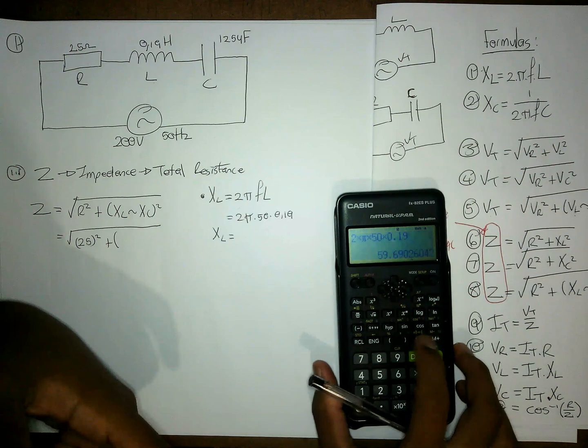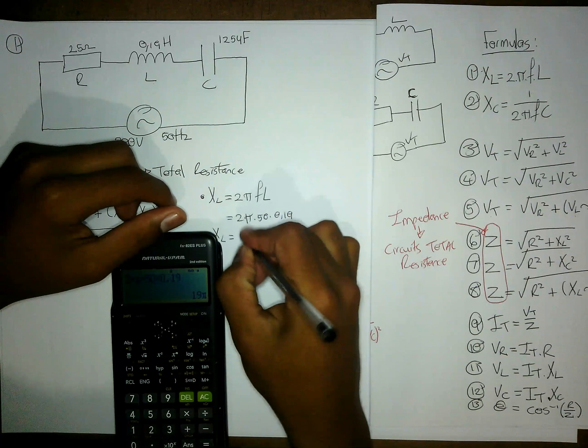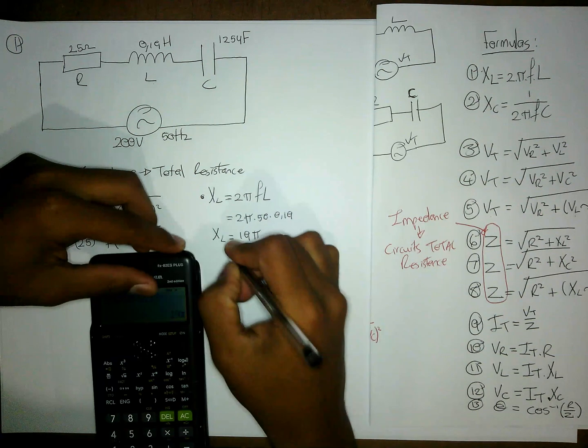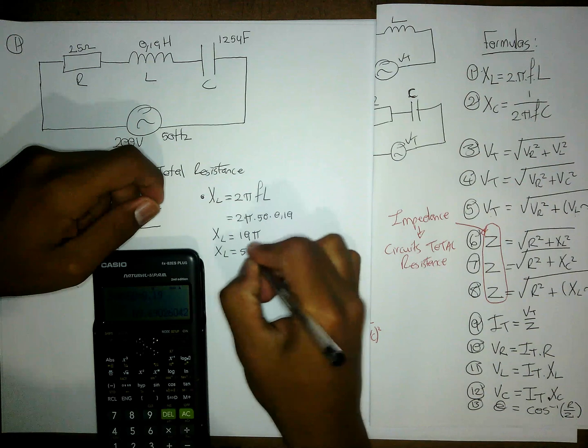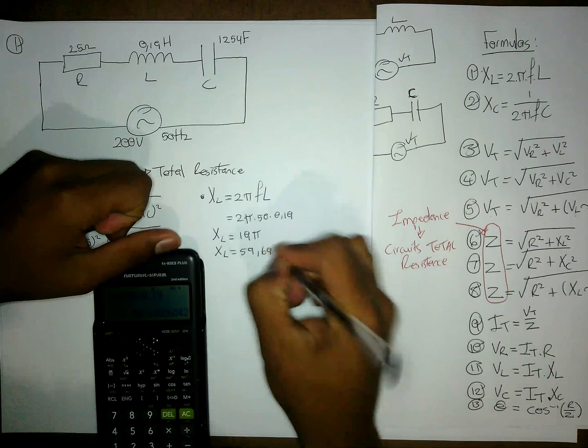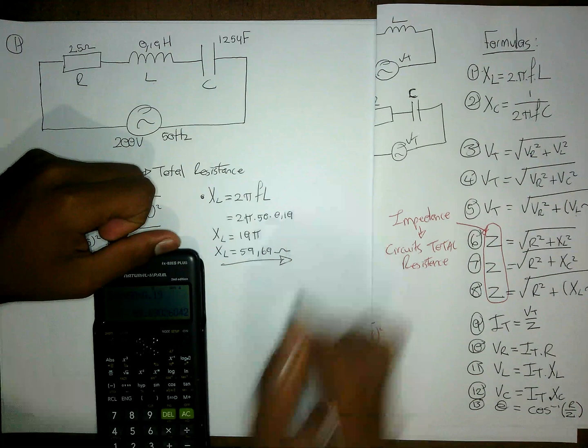The correct way, for me personally, is to keep this 19 pi like that, but write it again and I will say 59.69 ohms.